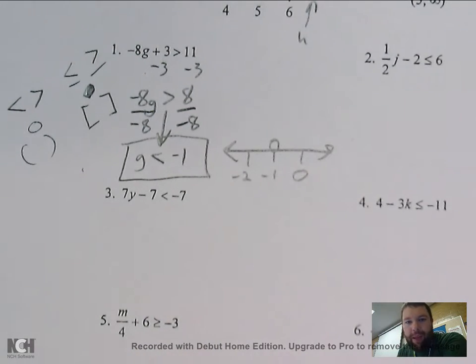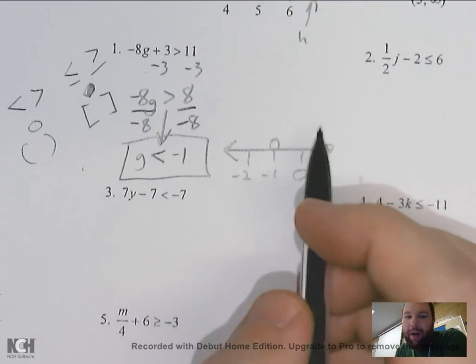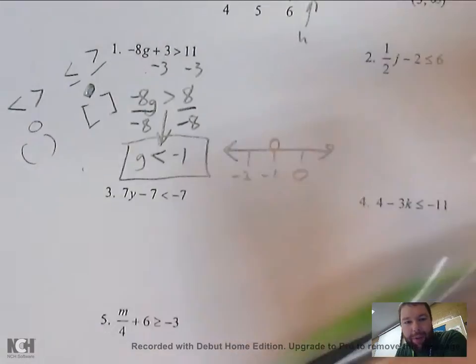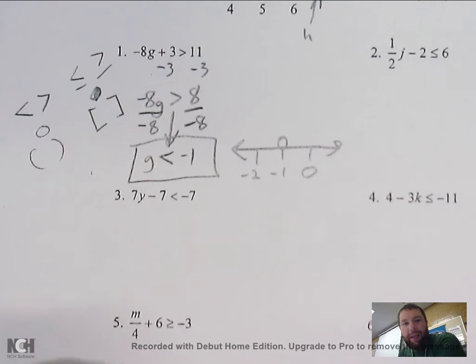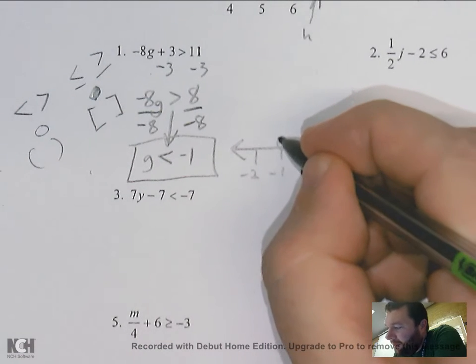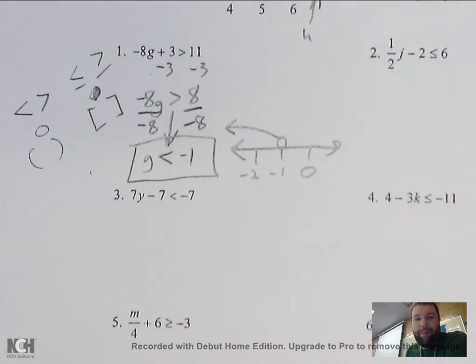Then I'm looking at which is bigger, the variable or the number. The way I always tell my students is, if the alligator eats the number, your arrow goes to the left. If the alligator eats the variable, it goes to the right. This is eating the number, which means the number is bigger, which means my variable represents everything less, so it's going to go to the left. That would be my number line.